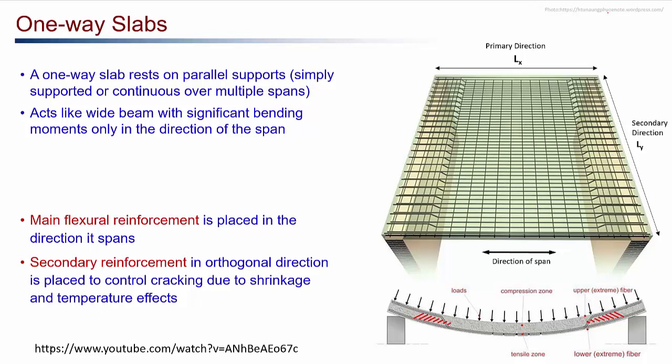A one-way slab can be single span or maybe continuous over multiple spans. For example, it can be single span like this, or can have multiple spans as well.